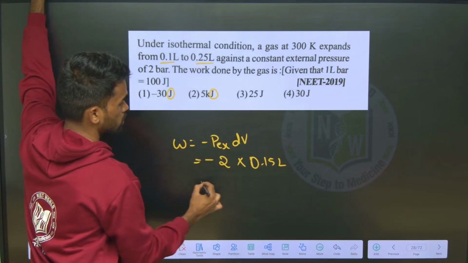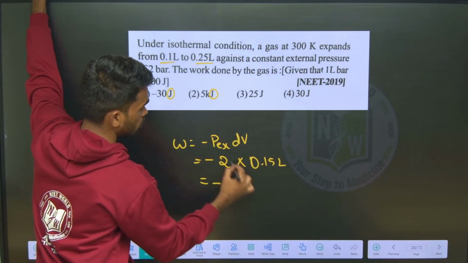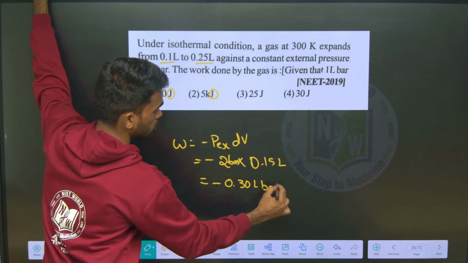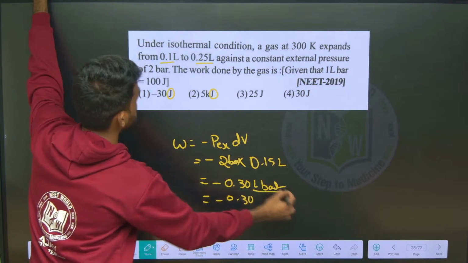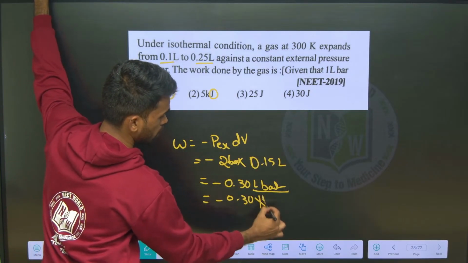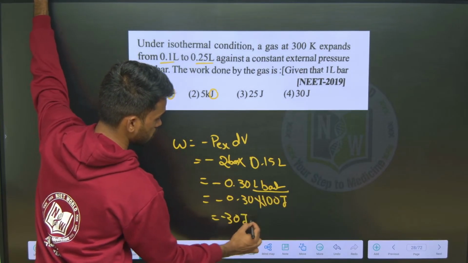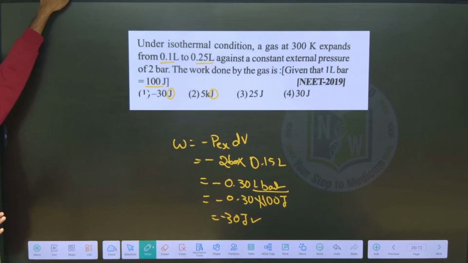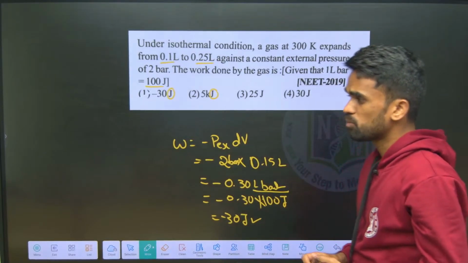So we get 0.30, bar into liter, so liter bar. Minus 0.30 liter bar, with 1 liter bar being 100 joules, so this will be minus 30 joules. That's it, so we have the first option. Very simple. Write this. If it is done, we will move forward.